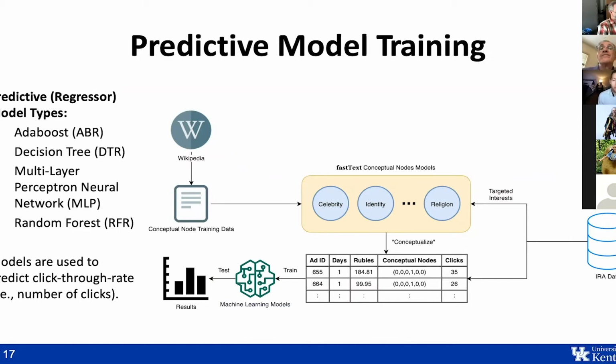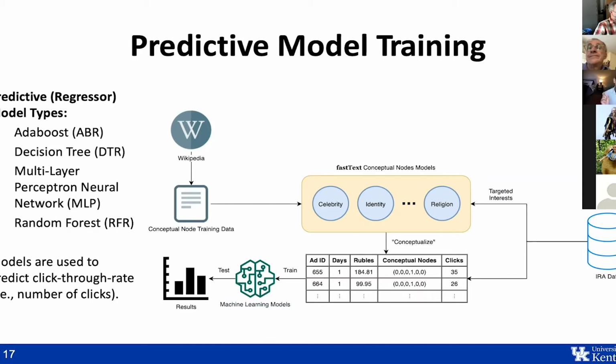However, in order to do that, we first need to train those fastText models for our conceptual nodes. In order to do that, we scraped a lot of data from Wikipedia. Essentially, we would start at the Wikipedia article for celebrity and scrape all of the text from that article.